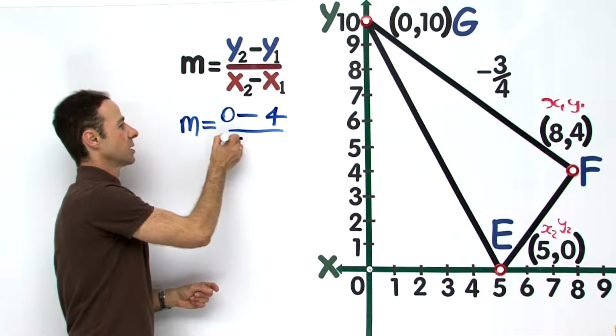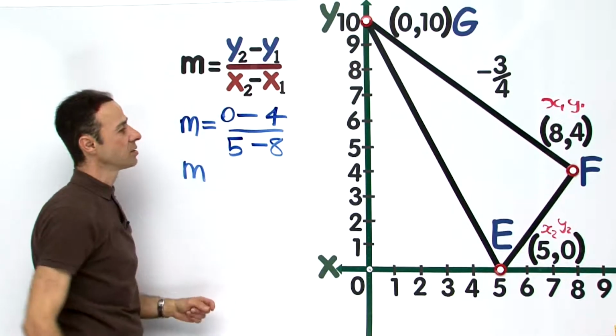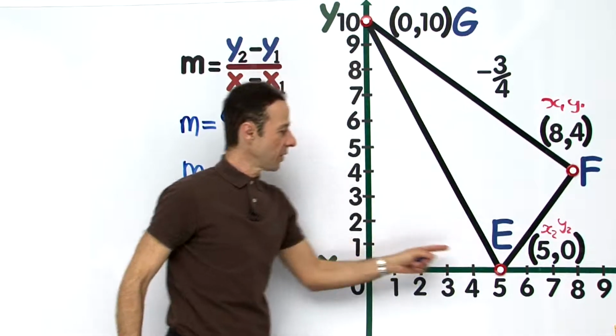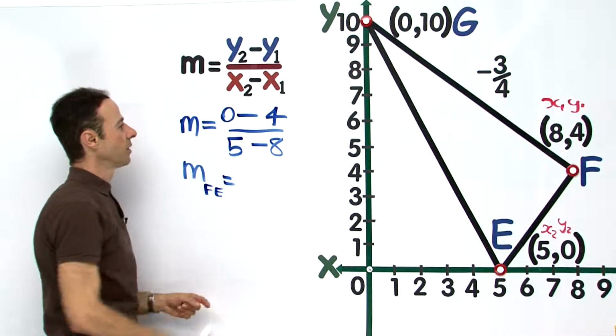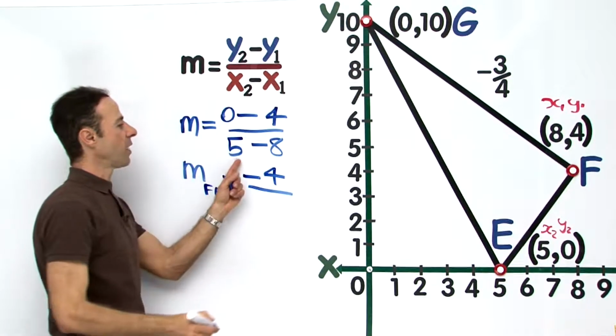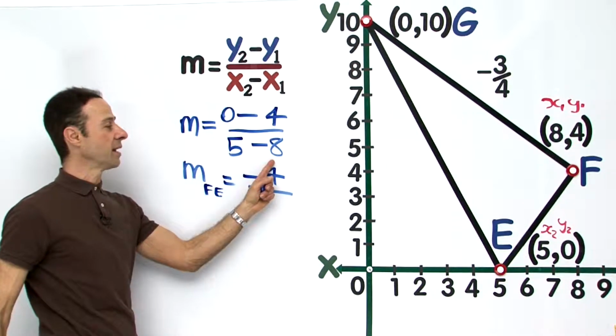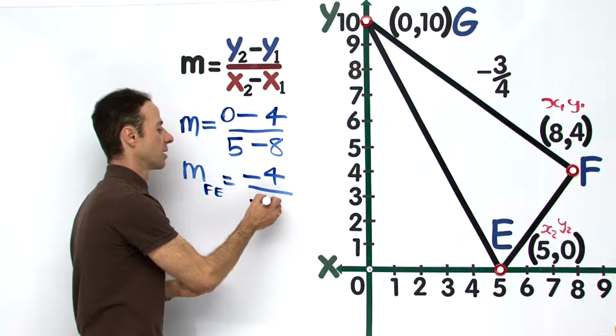So our gradient for FE, which is the same as EF, is a negative 4 all over 5 minus 8, which is going to yield a negative number. So we're going to have here negative 3.